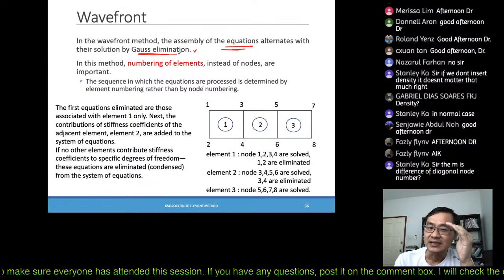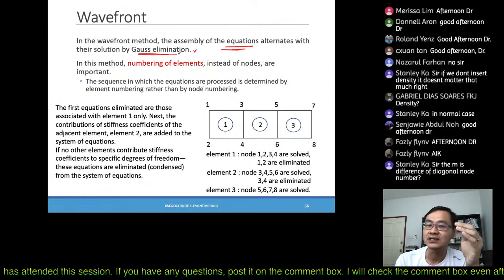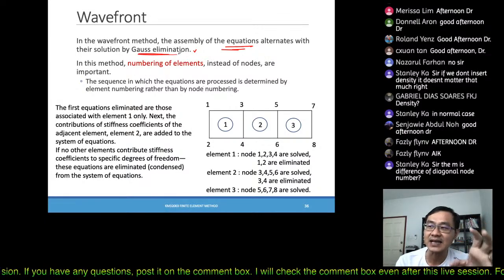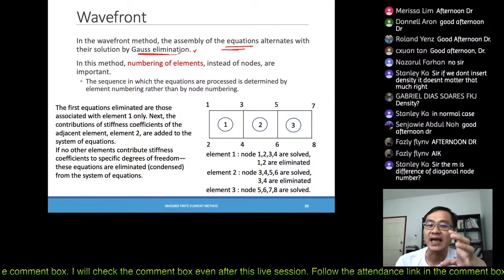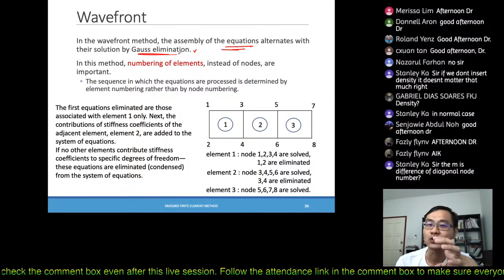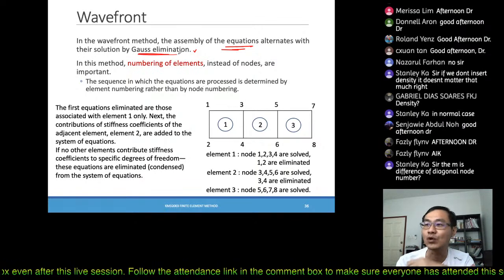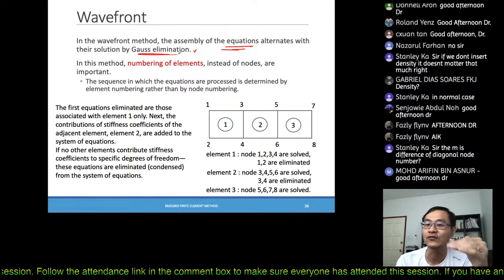By doing this progressively, the size of the matrix becomes smaller and smaller as we solve more equations. That's why it forms like a waveform.